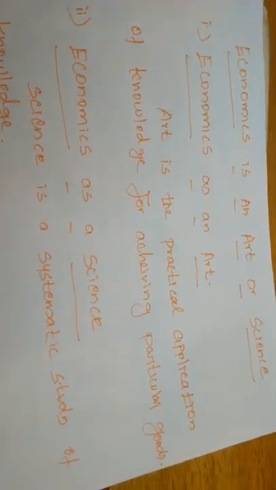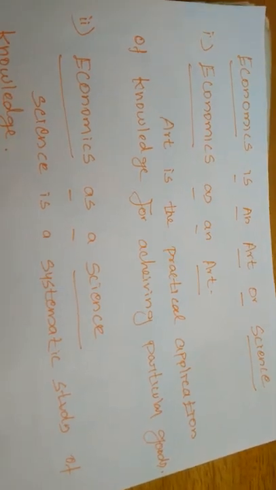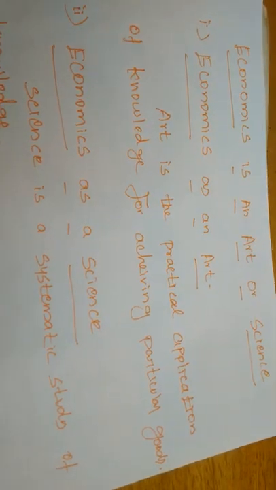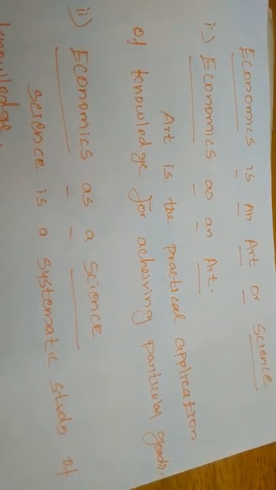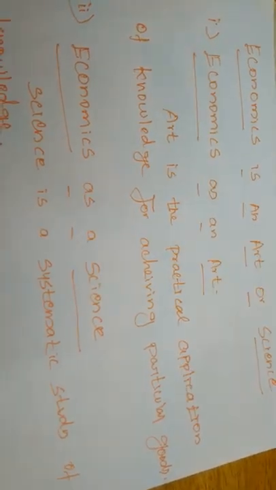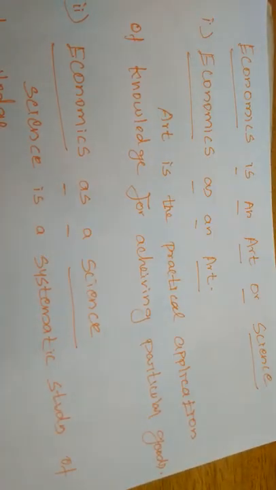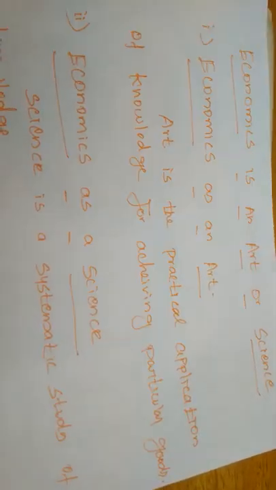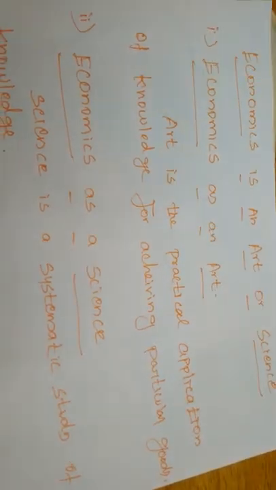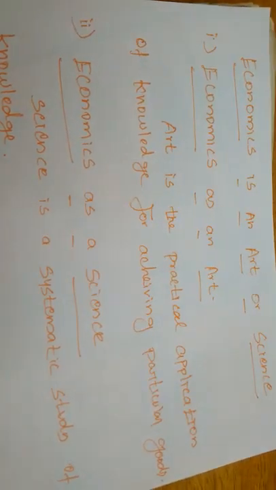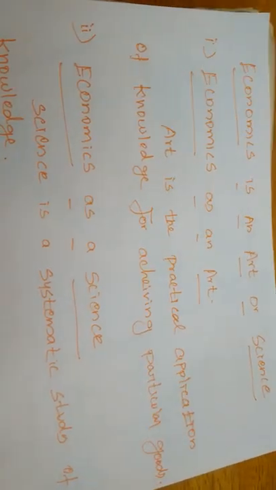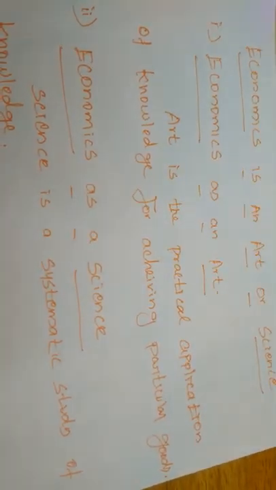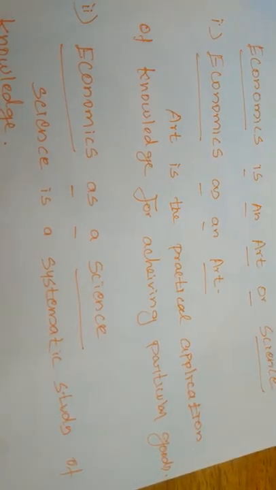These basic problems can be eliminated by applying practical knowledge. How to produce means we have to know which factor is more abundant in our nation. Suppose labor is more abundant, then we can produce the commodities by using labor.